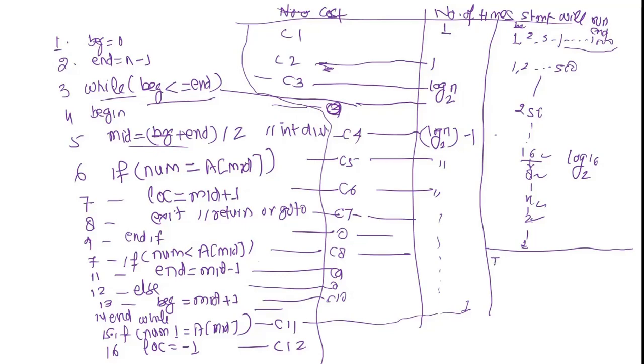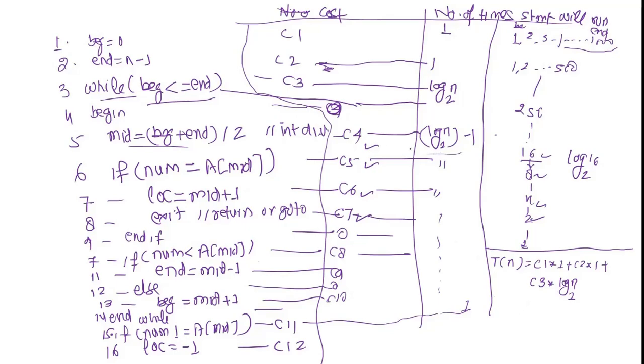So the complexity expression Tn, where n is the input size or problem size, will be C1 into 1 time it is running, then C2 into 1, plus C3 into log of n base 2, plus C4, C5, C6, C7 all multiplied to this.